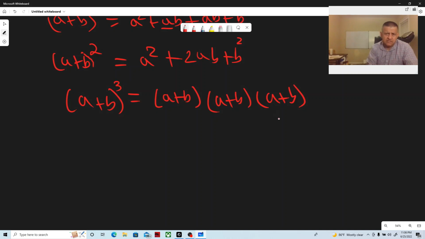That's what it is, right? But we know that these two terms is this, and this is equal to that, right? So what I can do is substitute this right here by this, and keep one of these, so I can do the math.